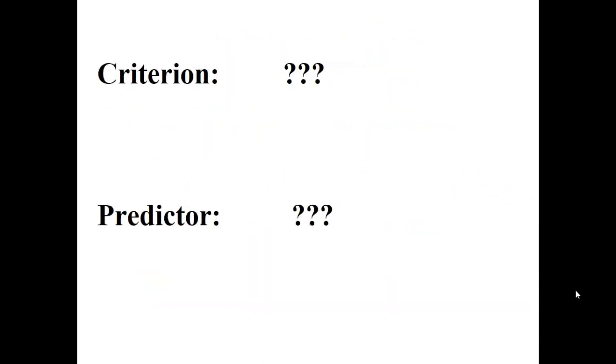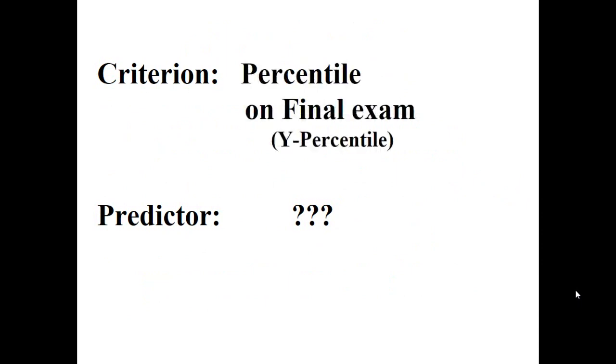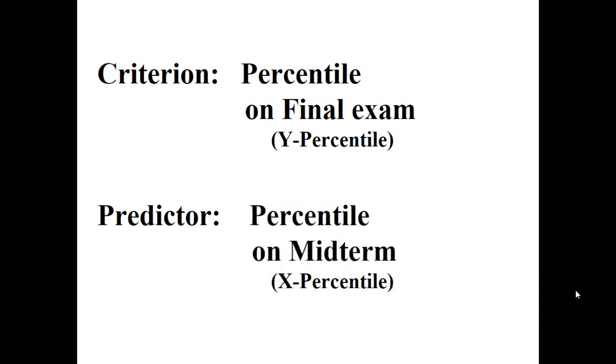Let's begin, as we always should, by identifying the criterion and the predictor. The criterion is Misty's percentile on the final exam. There's no standard abbreviation for this, so we'll refer to it as the Y percentile, since Y is always our criterion.